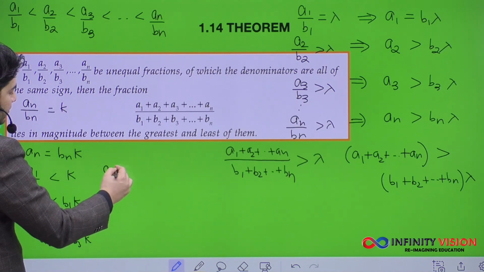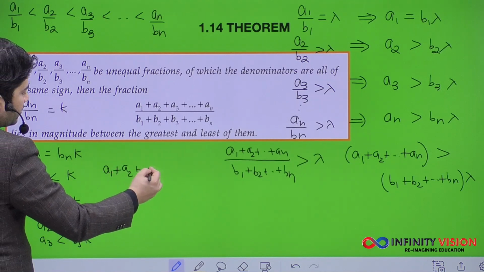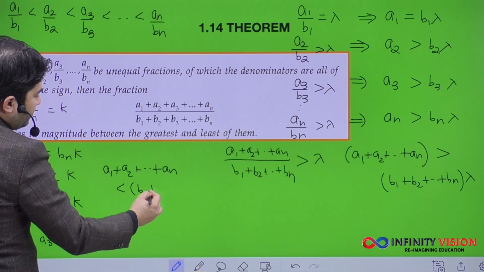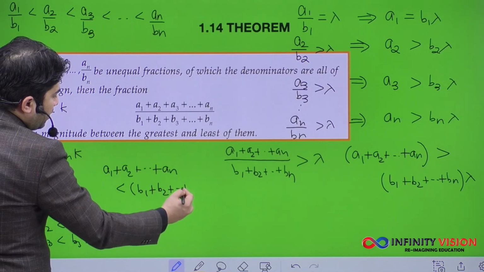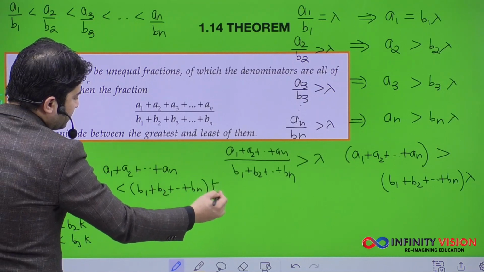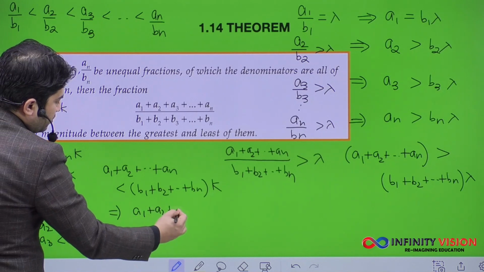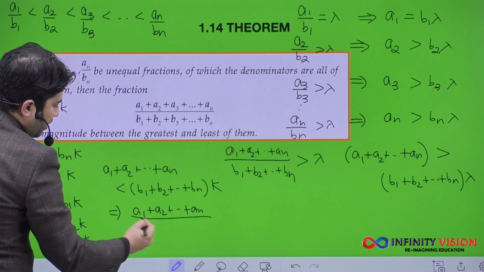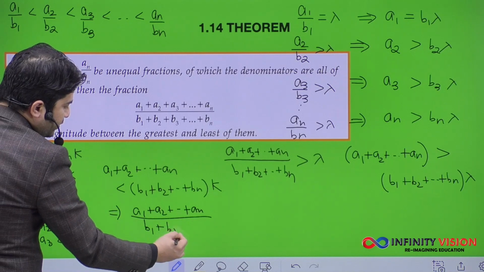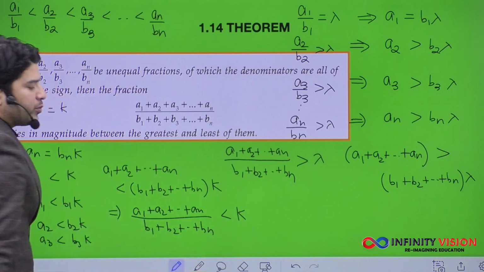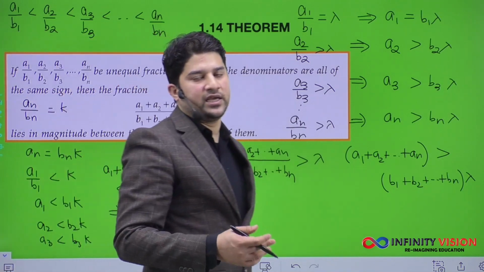So a1 plus a2 up to an would be less than (b1 plus b2 up to bn) k times. So (a1 plus a2 up to an) upon (b1 plus b2 up to bn) will be less than k, which is my largest fraction, that is an upon bn.